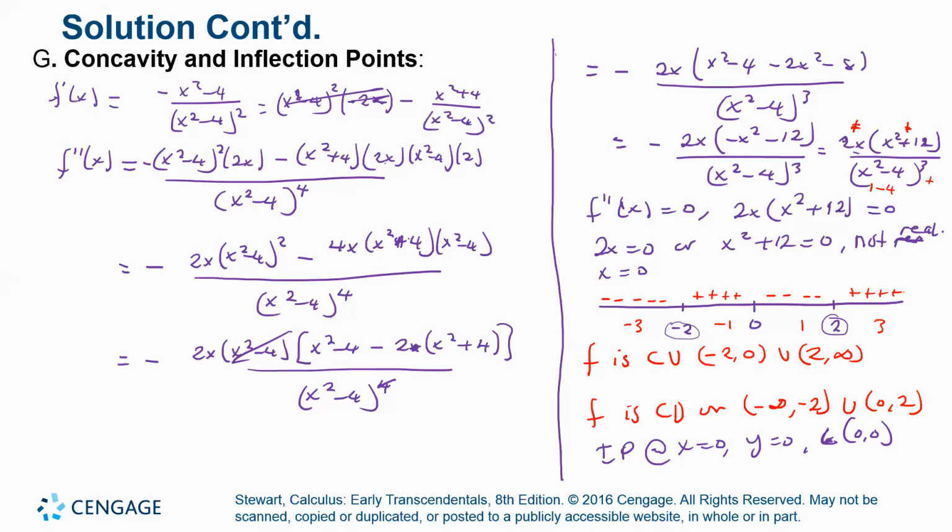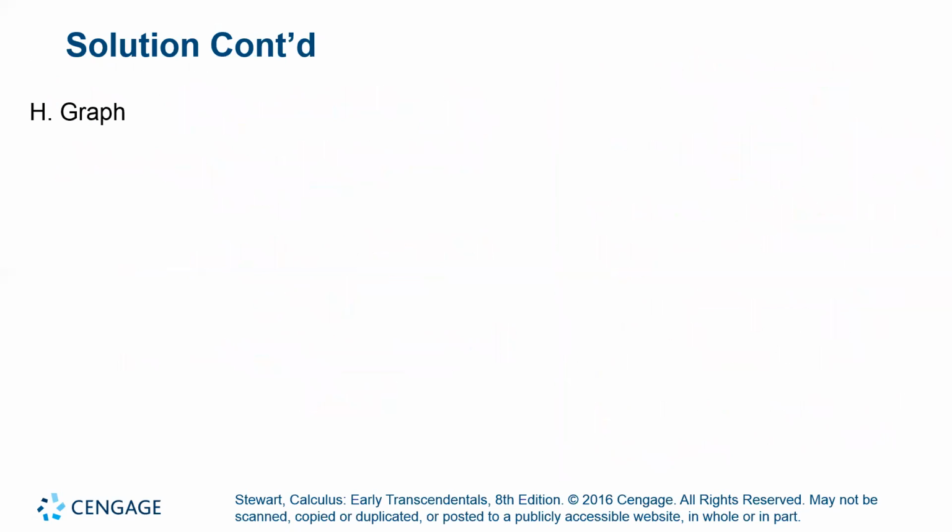Now we're going to put it all together and sketch the graph. We have the domain, we have the vertical asymptotes, we have the horizontal asymptotes, we have where it is concave up, and the function decreases over its entire domain. So let's put this together and graph our function here.